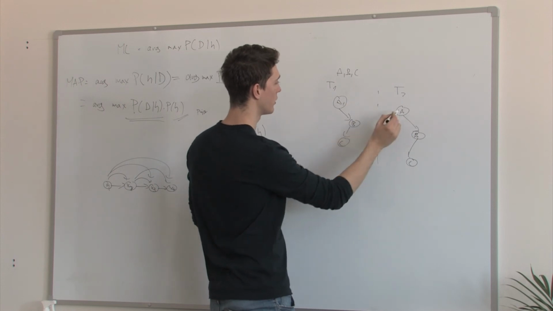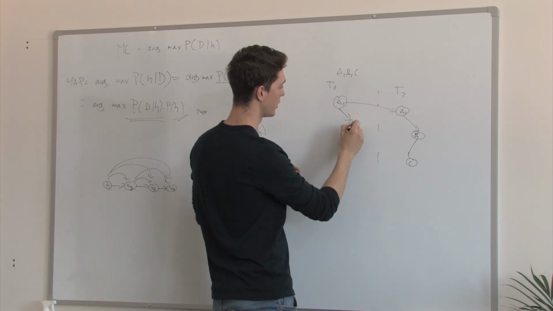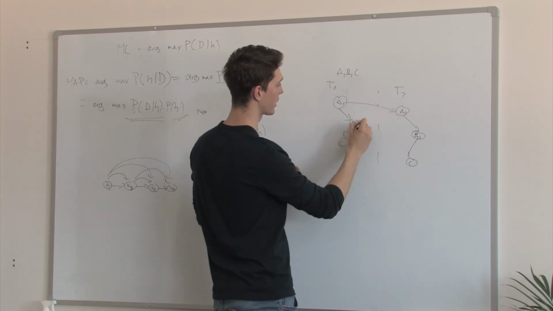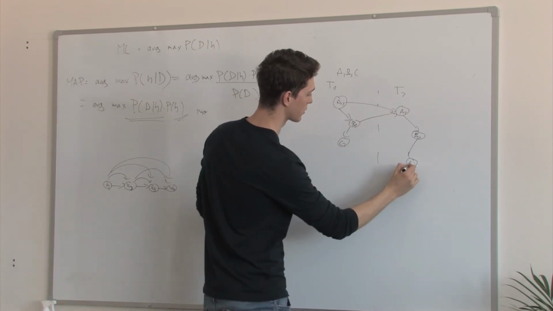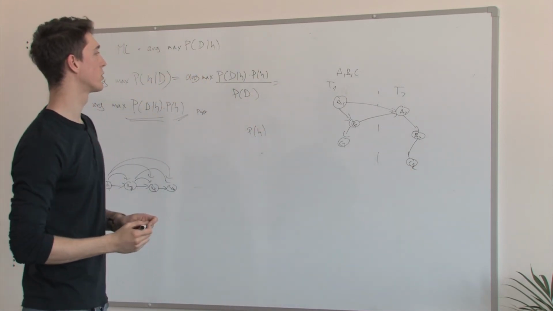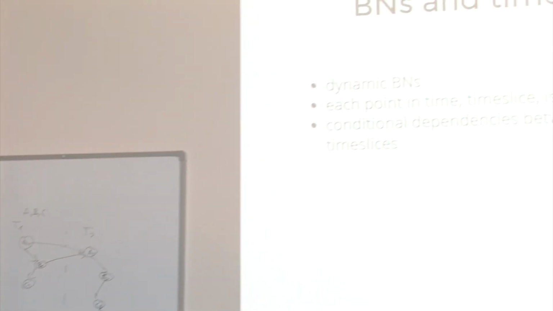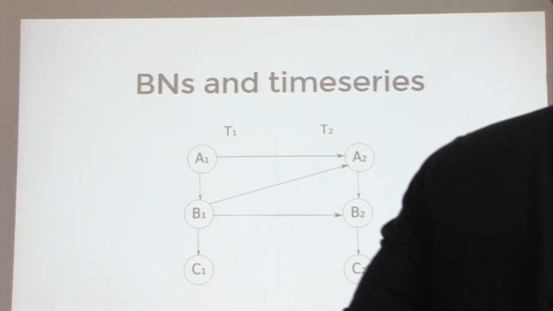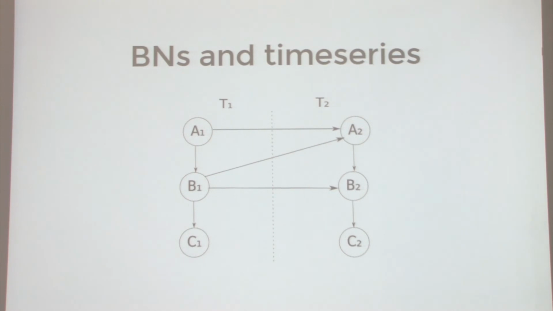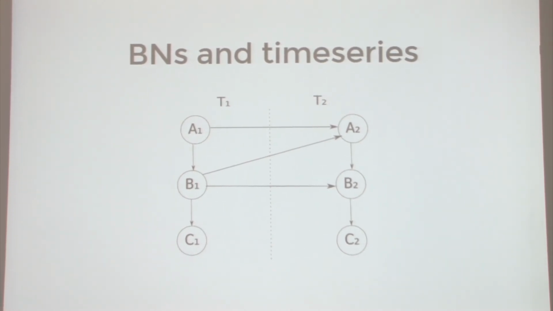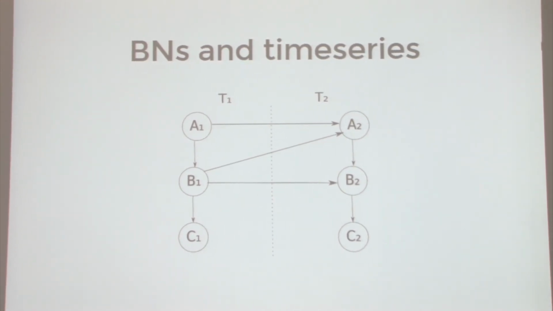So A1 may cause some value change of A2, and also let's say B1 can influence the value of A2. So if you construct a Bayesian network that is able to work with time series, all you do is create Bayesian networks for as many time points as you want your network to interact in time, and just model the relationships once again.